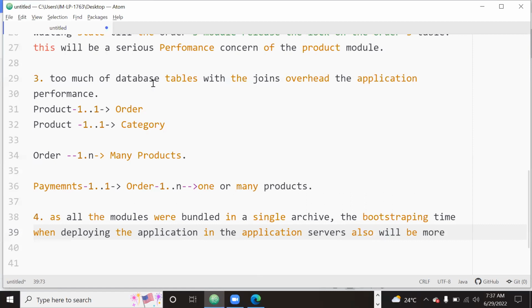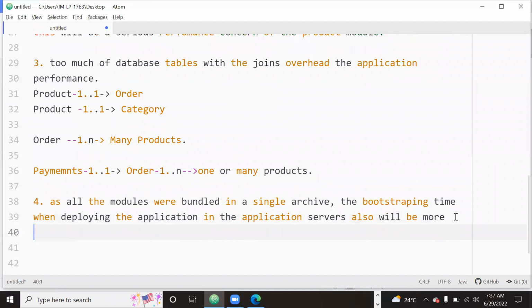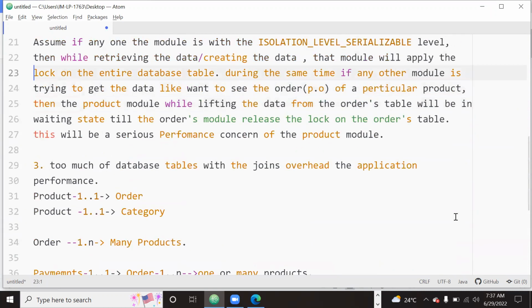So these are all the problems that we can see in the monolithic architecture.